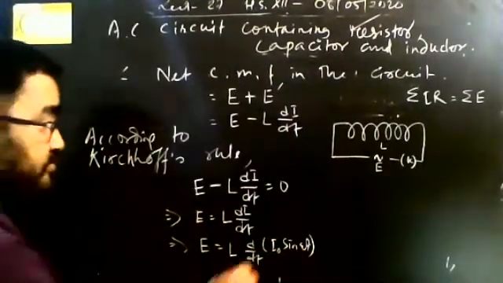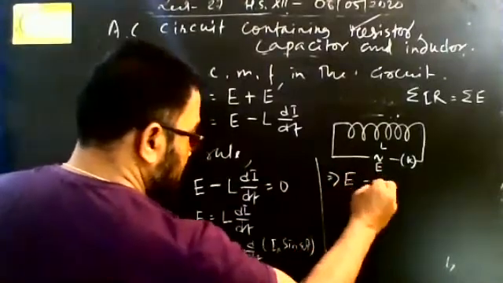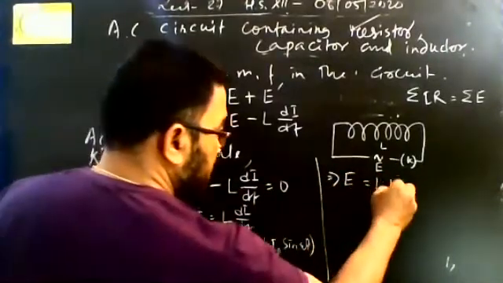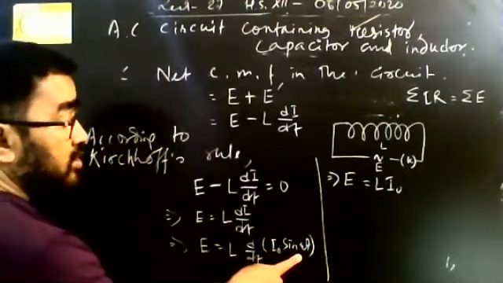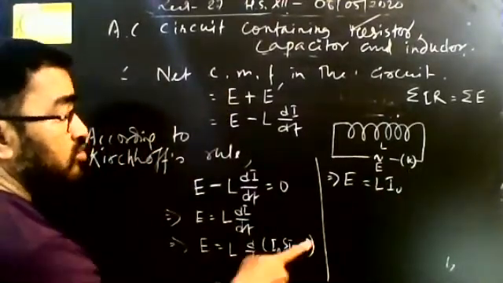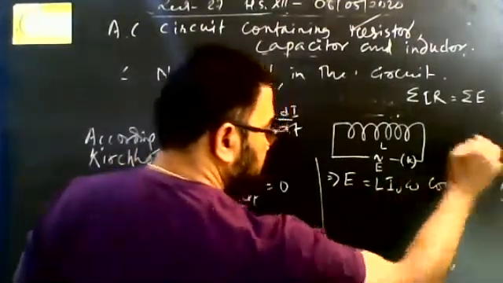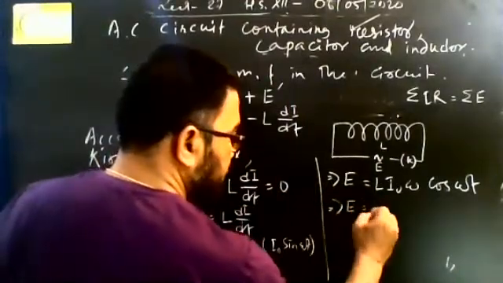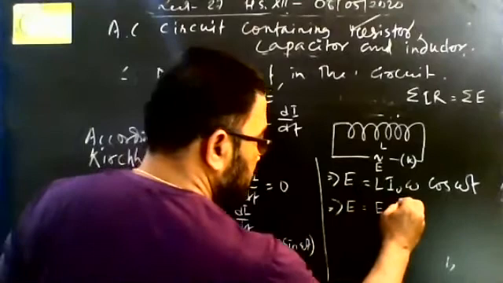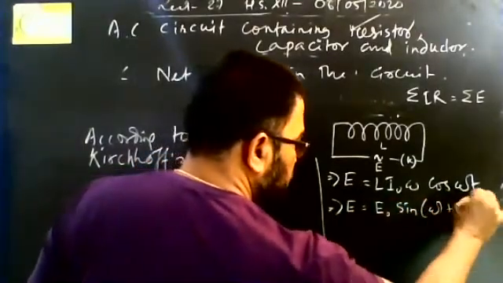What will you get? E is equal to L, I naught will be there. If you differentiate sine omega t, you get cos omega t, and omega cos omega t, right? So E is equal to E naught sine omega t plus pi by 2.